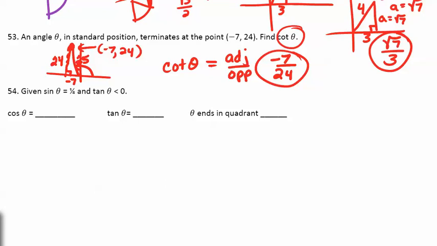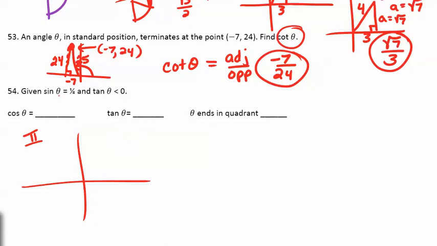All right, now we've got sine of theta is 1/4, and tangent is negative. What does that tell us? The sine is positive, so that tells us we're in either quadrant 1 or quadrant 2, where the sine is positive 1/4. And then it says tangent is less than 0, so I think that narrows it down to quadrant 2.